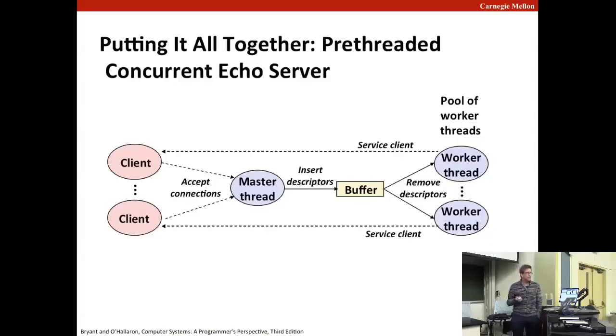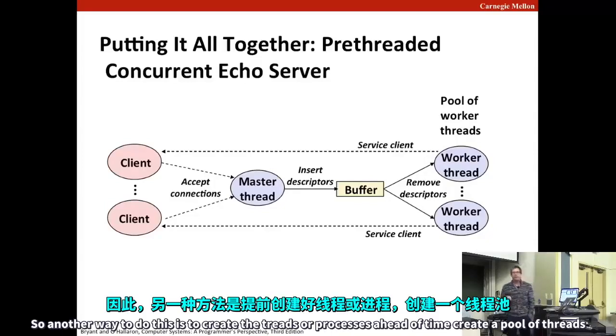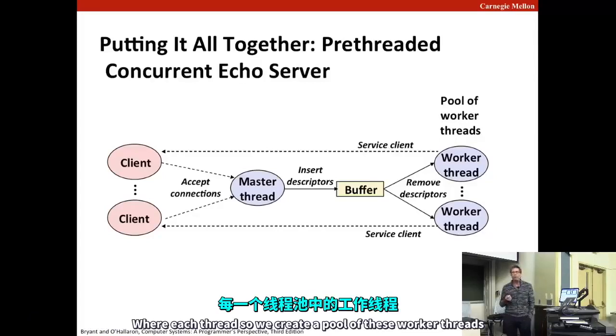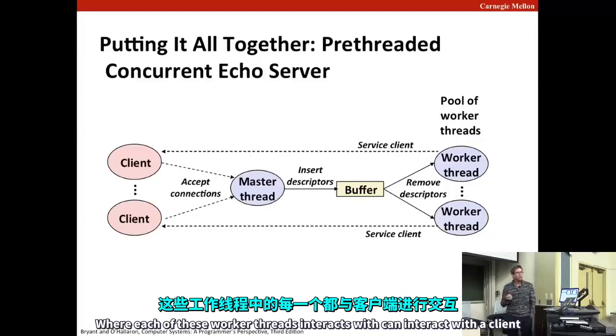introduces overhead. So another way to do this is to create the threads or processes ahead of time: a pool of worker threads, where each of these worker threads can interact with a client.